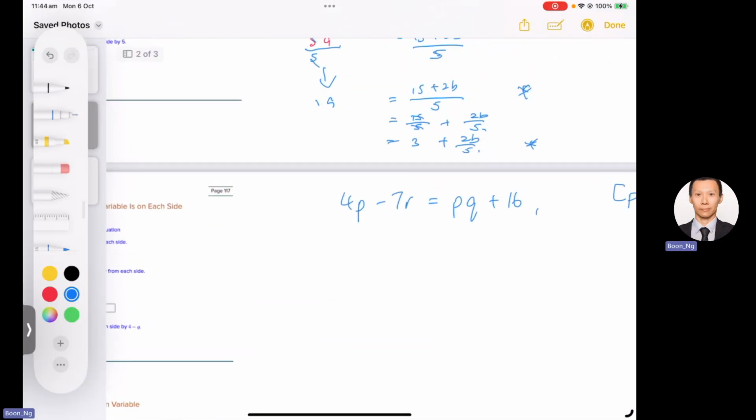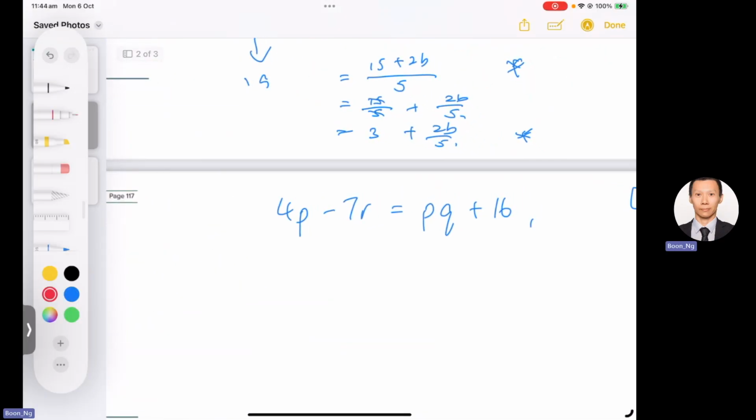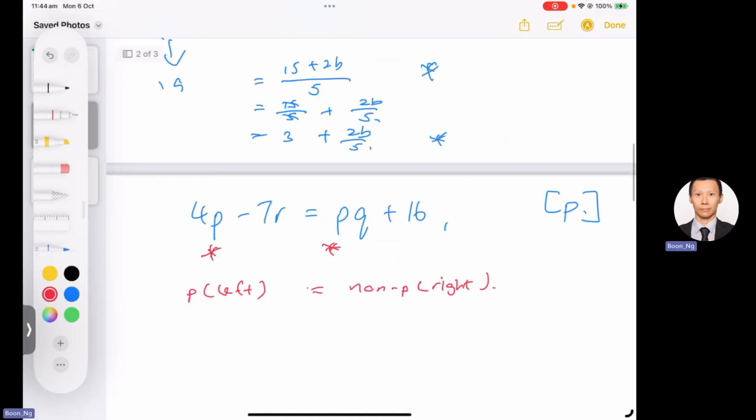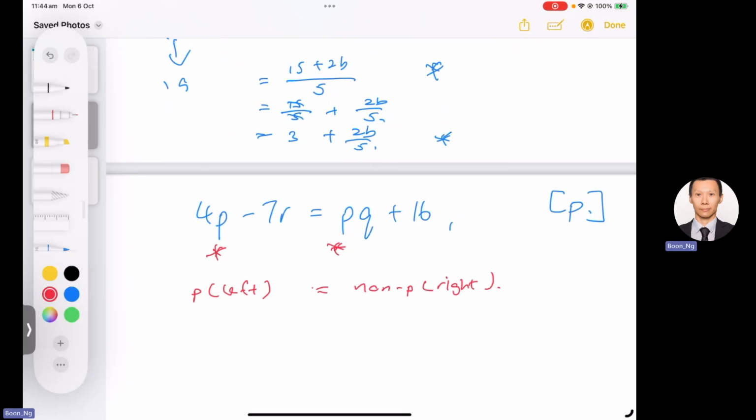So what we do is put a star for p, to note that we need to put p on the left and non-p on the right, because the question is asking for p.